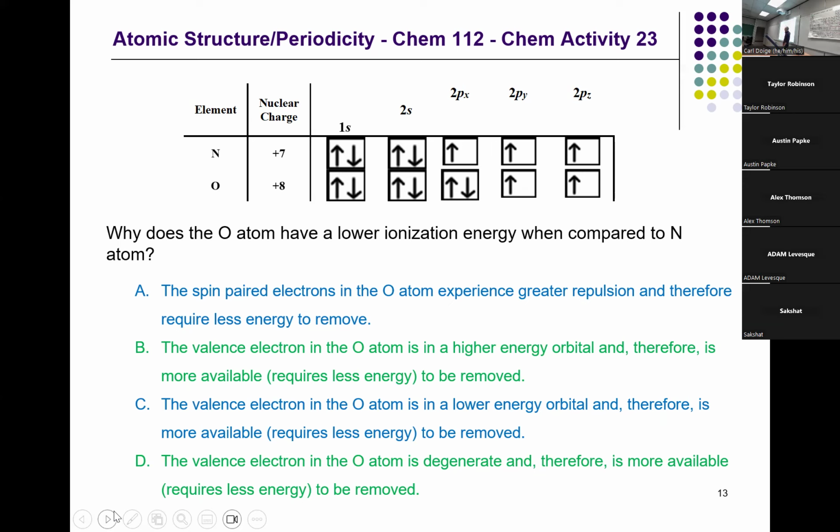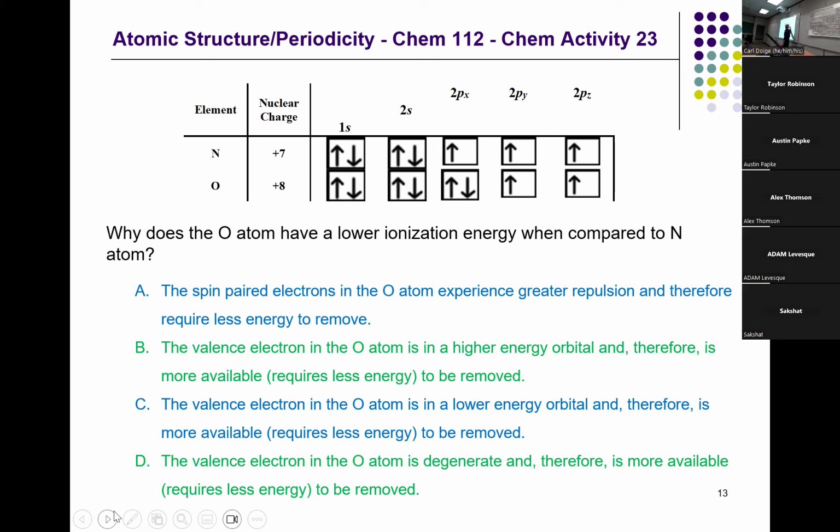Now, how do electrons interact with each other? They're both negative, right? So they repel. Would it take less energy to take it out of the 2px because they repel each other? Yeah. Here, any one of these electrons could be removed.